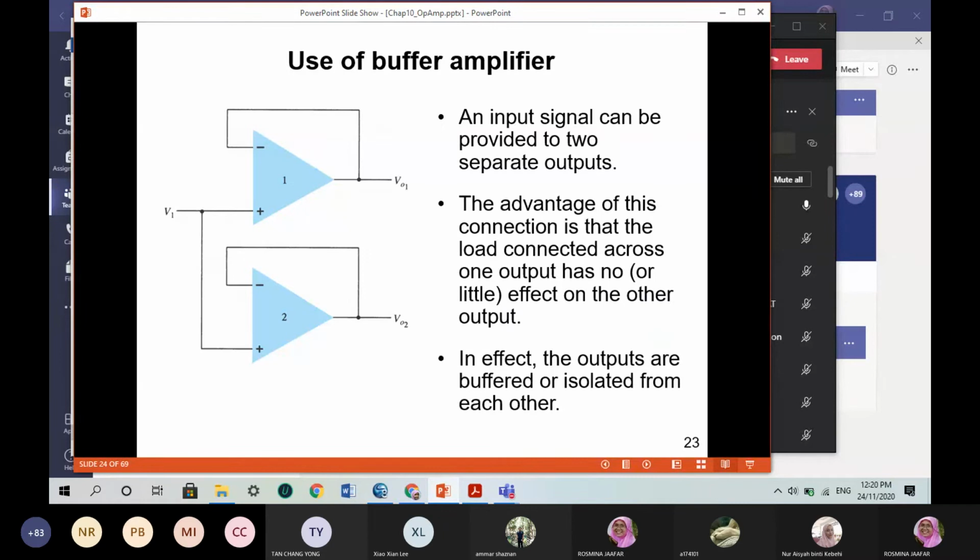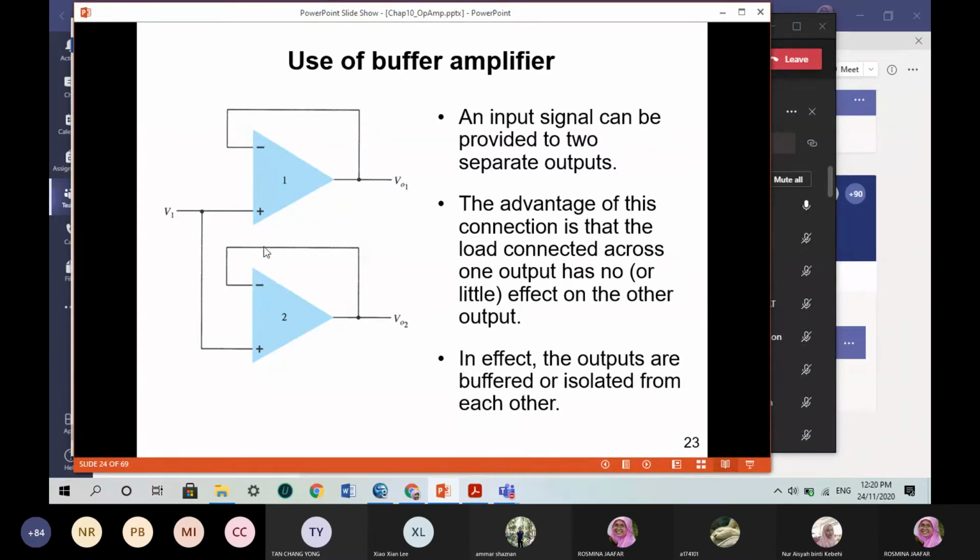So normally a buffer circuit is present in an instrumentation amplifier, for example. Here, if you have two Opamps, and you have V1 here, this V1 is applied to the first Opamp on the top, and V1 is also applied to the second Opamp in the bottom.